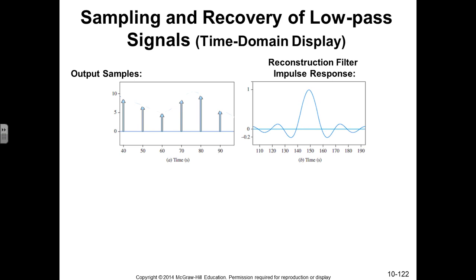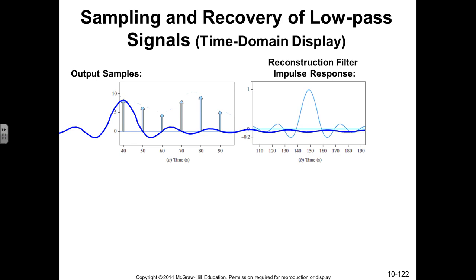Shown on the right is the reconstruction filter's impulse response, a sinc function. And we're going to convolve the output samples with that reconstruction filter response. And when we convolve things with impulses, we make copies of them, centered where the impulses happen, and scaled by the weight of the impulse.